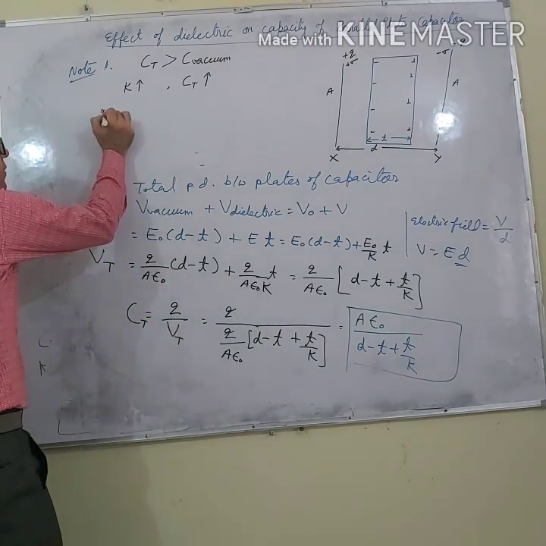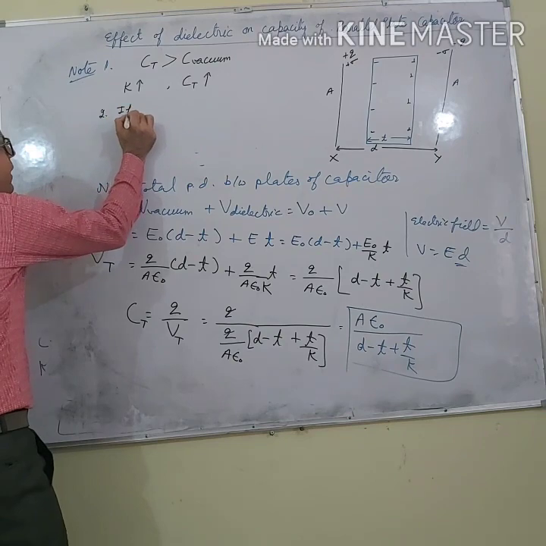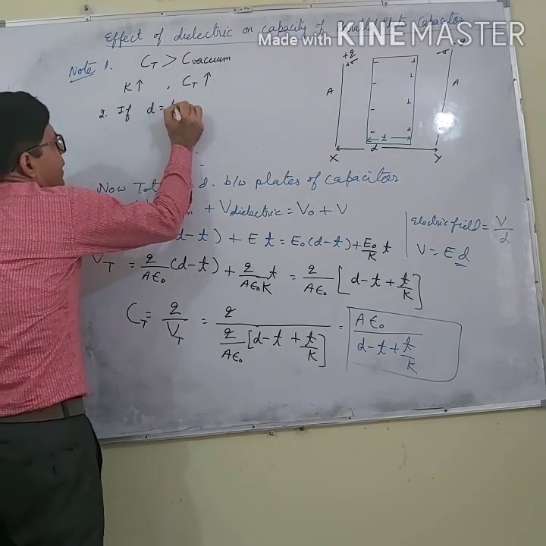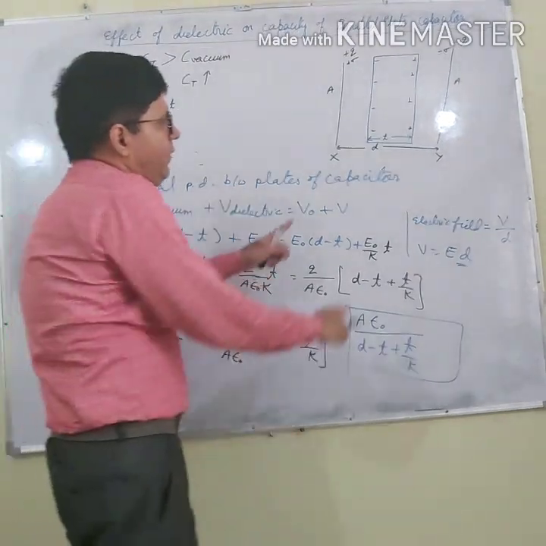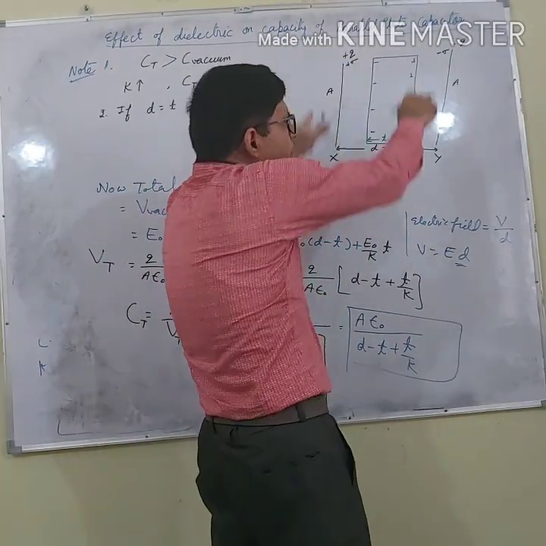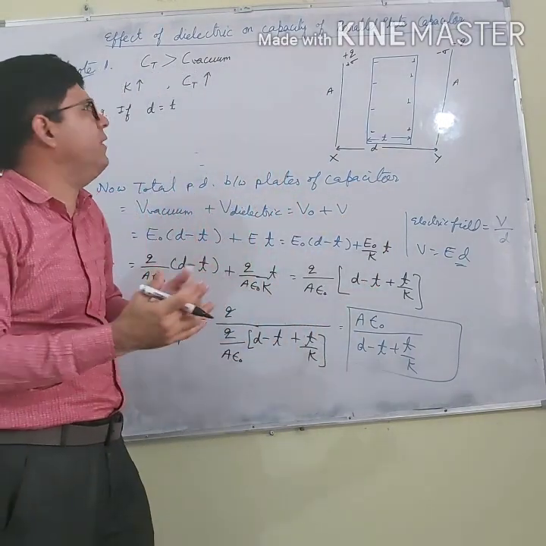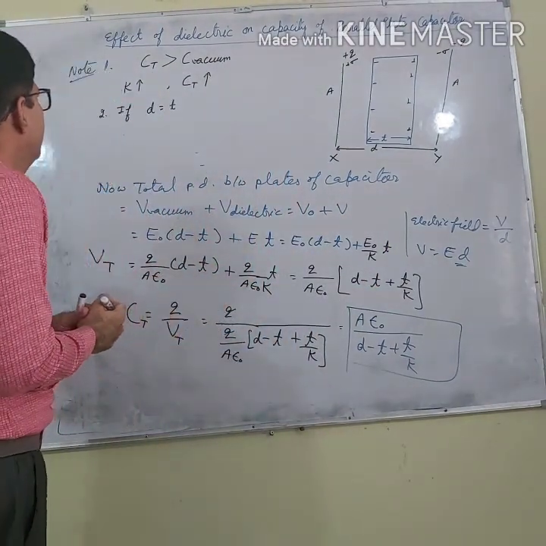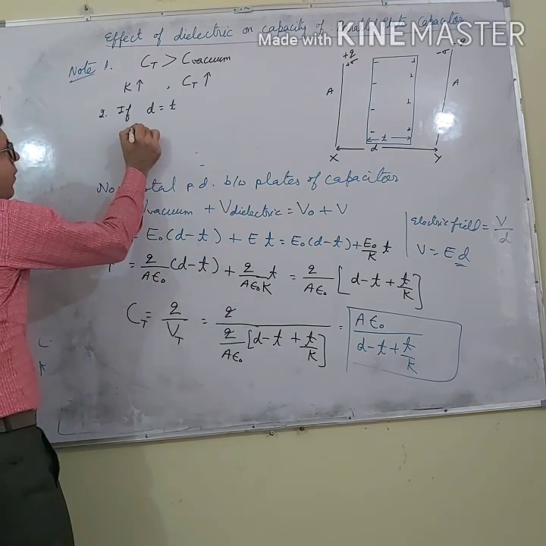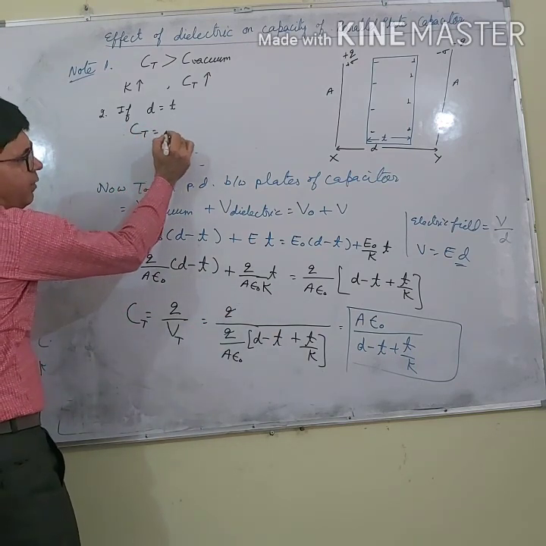Second point is, if D equals T, that is, if the dielectric slab of thickness T is completely placed between the plates of the capacitor, then what will happen? Put in this expression, what will the total capacity become?